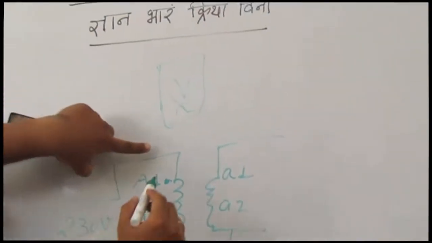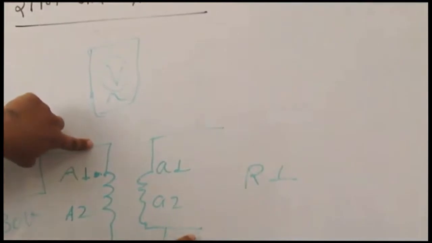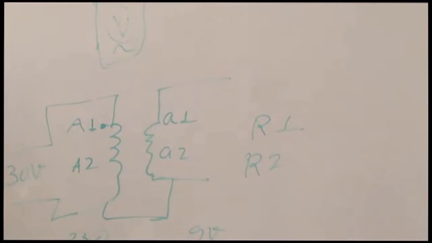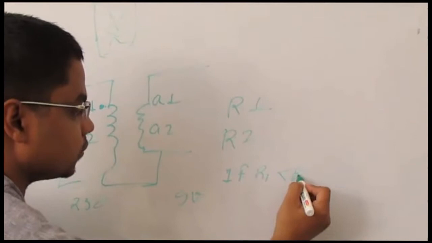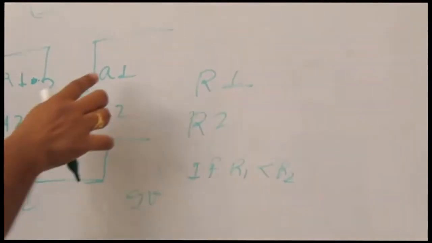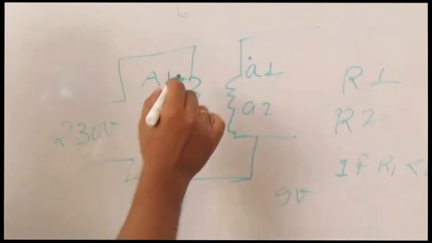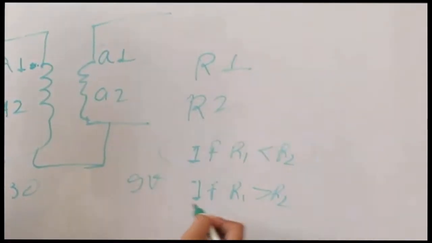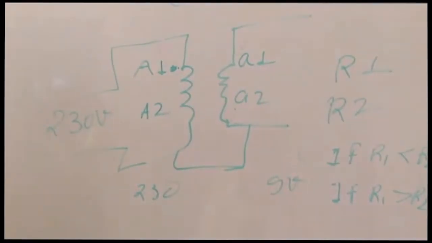First, between this and this I call R1, and between this and this I call R2. If R1 is less than R2, then A1 is of the same polarity as A1, and we have to mark the dot here. And if R1 is greater than R2, then A1 and this point have the same polarity.